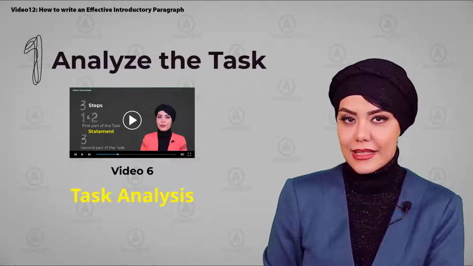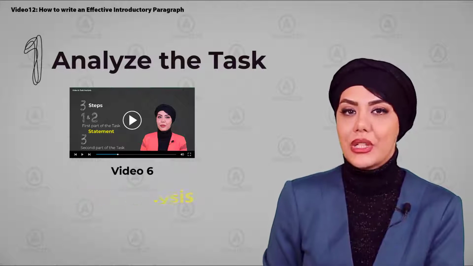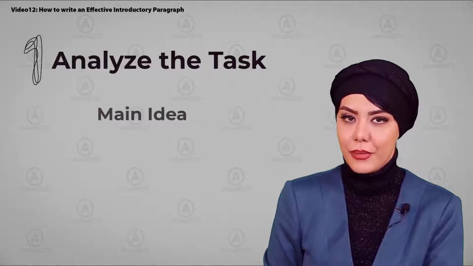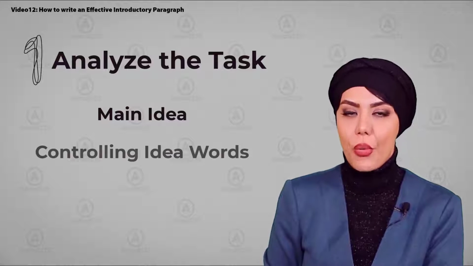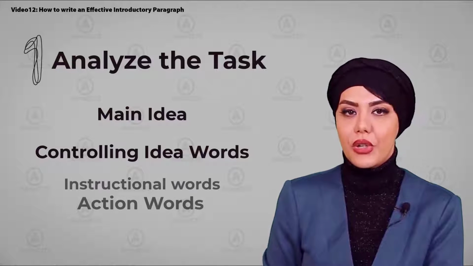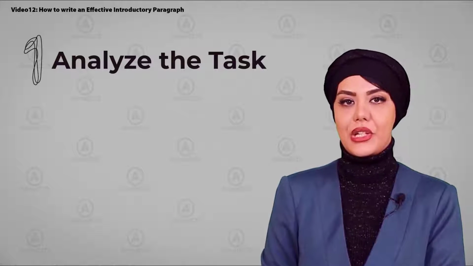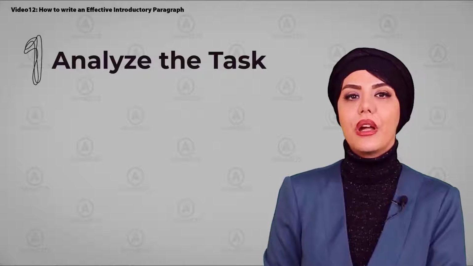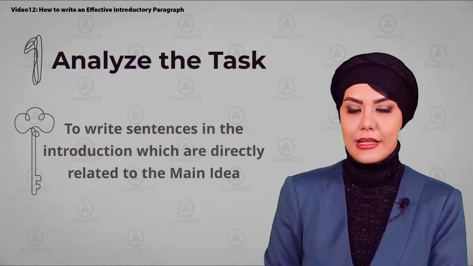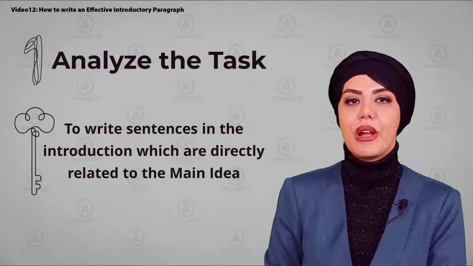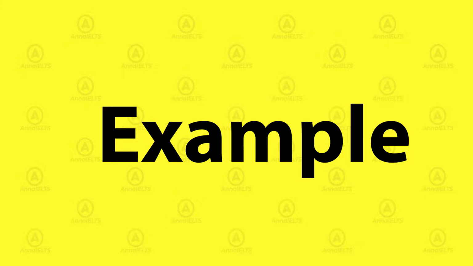In the task analysis stage, we have to extract 3 factors: main idea, controlling idea words, instructional words or action words. The reason for analyzing the task and extracting the main idea and controlling idea words is to write sentences in an introduction which are directly related to the main idea.